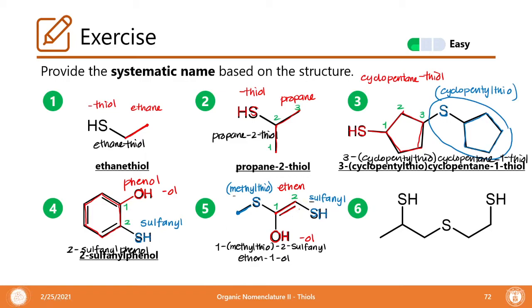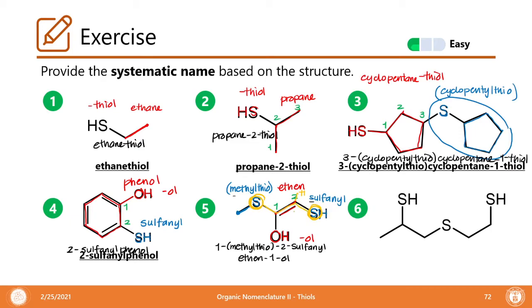Now we might be missing something: since we have an alkene, let's see if it has stereochemistry. In this case, sulfur has the highest atomic number among all these atoms directly connected to the alkene, so this has the highest priority and this has the highest priority.